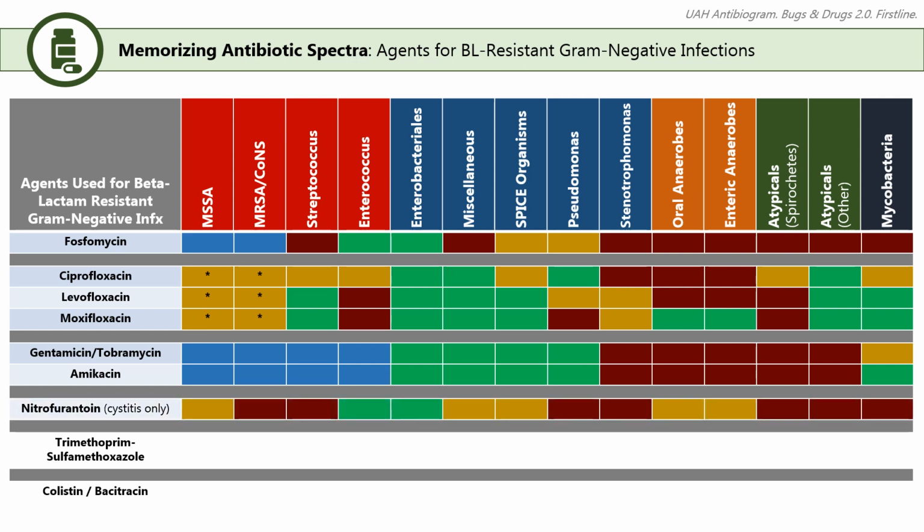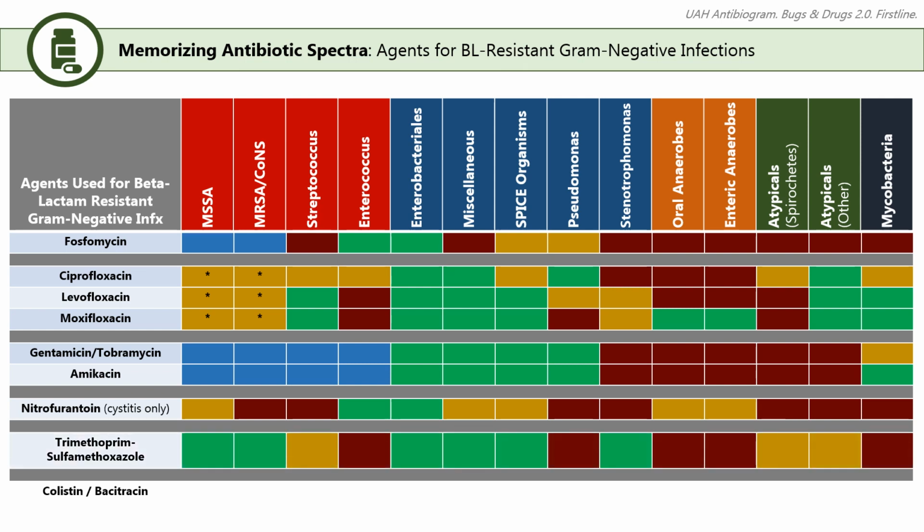Nitrofurantoin is another PO-only option for cystitis, aka lower UTIs, since it is generally effective against Enterobacterales and Enterococcus species. However, its uses other than this indication are limited, despite some unreliable activity against various other organisms. Trimethoprim-sulfamethoxazole, aka TMP-SMX, is a two-drug combo featuring two active agents with similar mechanisms of action, useful for a variety of gram-positive and gram-negative infections.